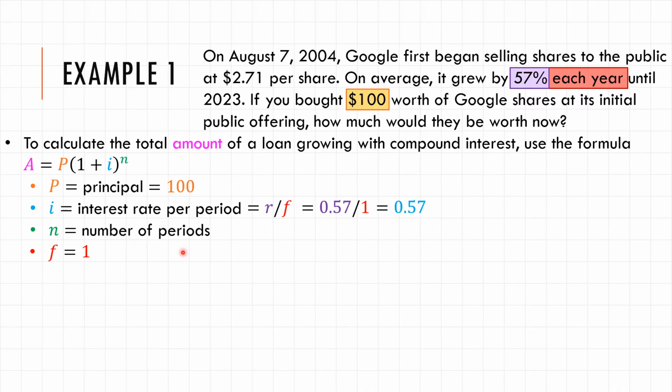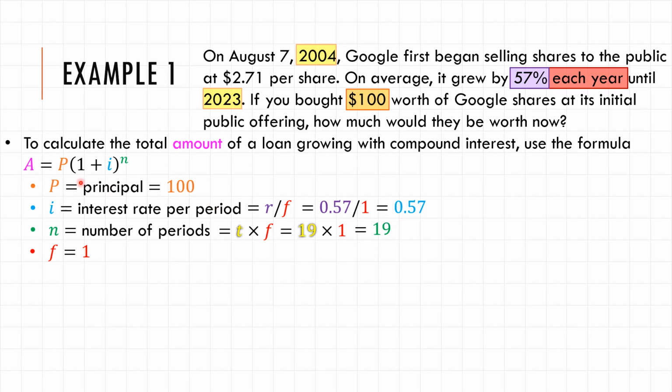How many periods are there between 2004 and 2023? Well, if each period is a year, I'm really asking how many years between these two? And I could just subtract them to find 19, right? The difference between these two is 19 years, and 1 period per year would give you 19 periods in total.